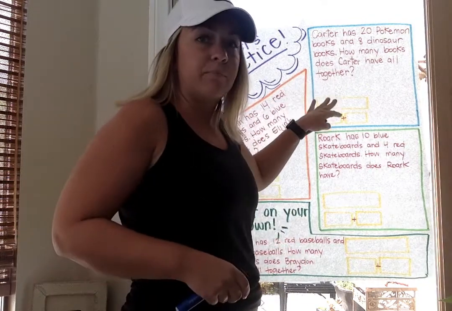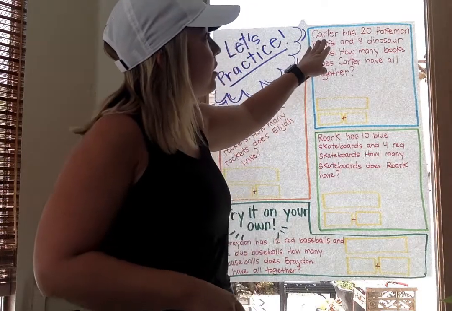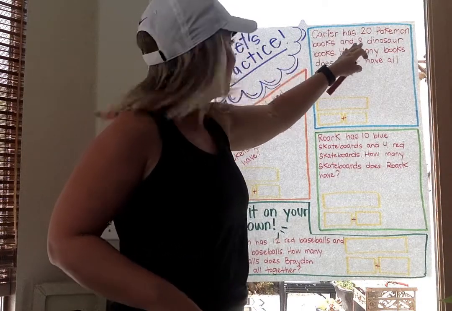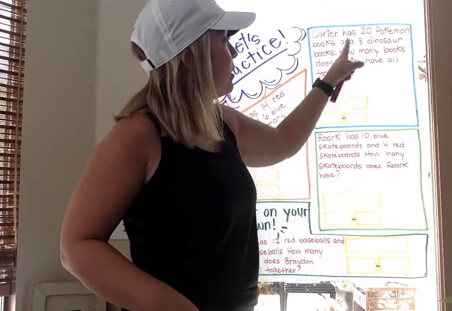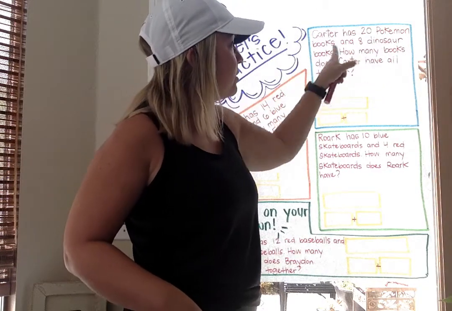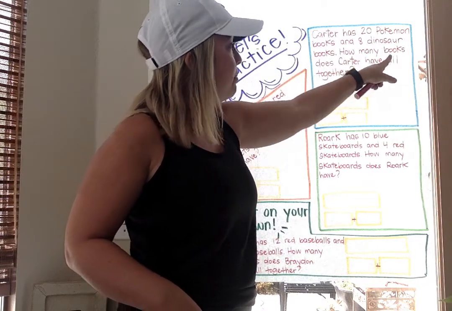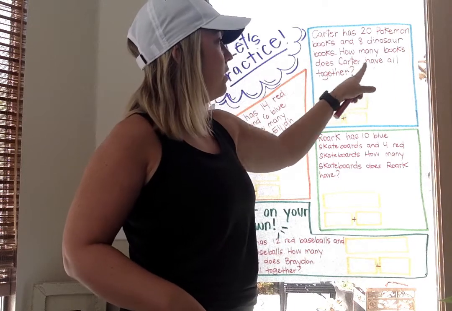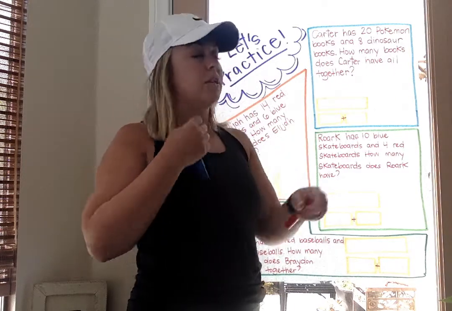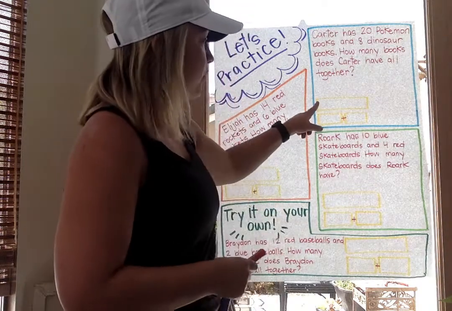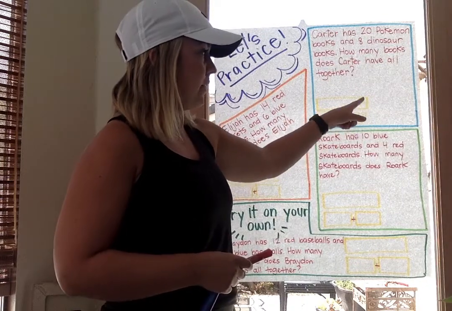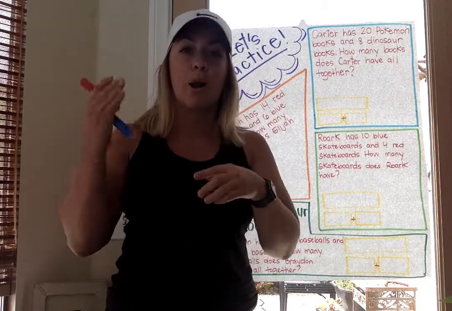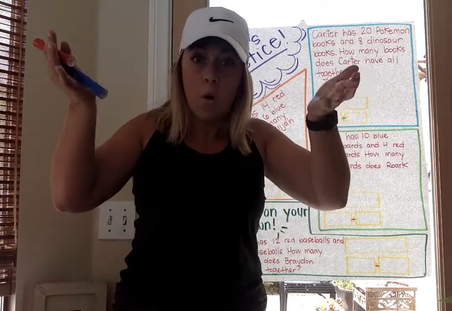So let's see. It says, Carter has 20 Pokemon books and 8 dinosaur books. How many books does Carter have all together? So this is what we did. We drew our graphic organizer, our visual for our part and our whole bar.